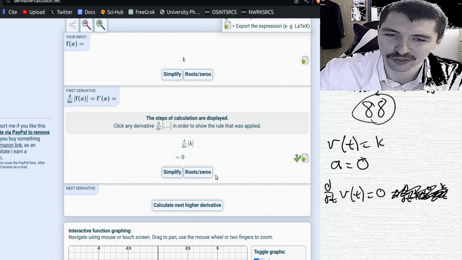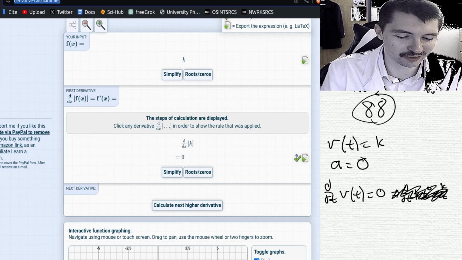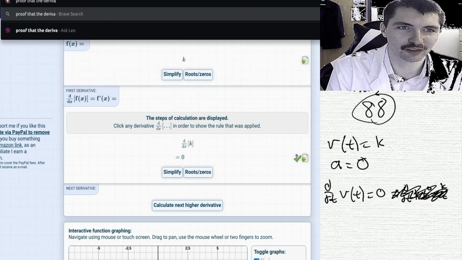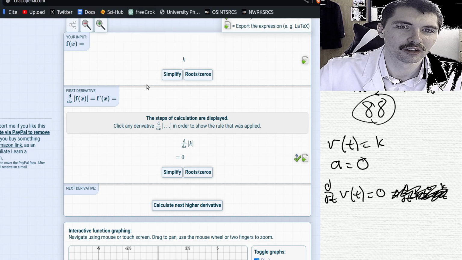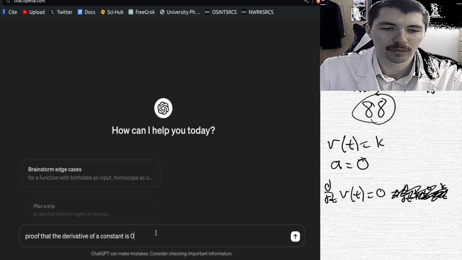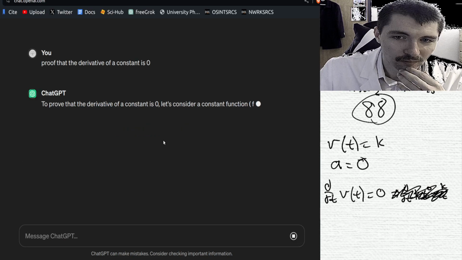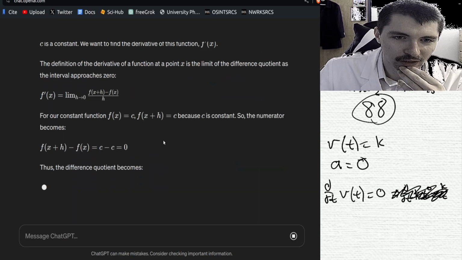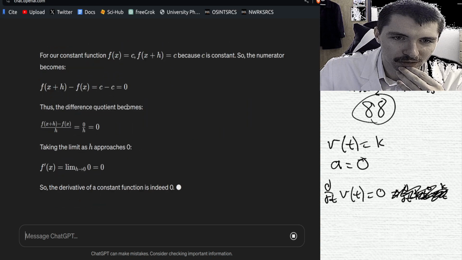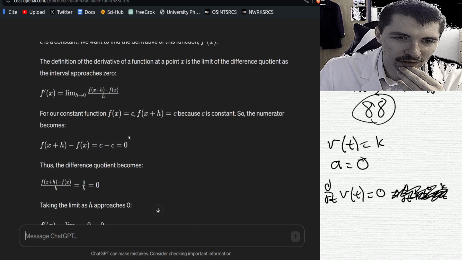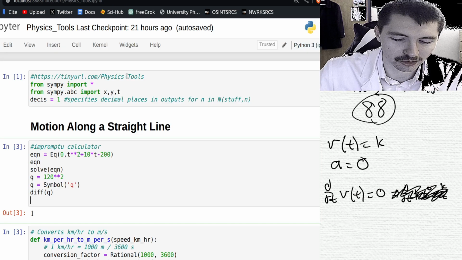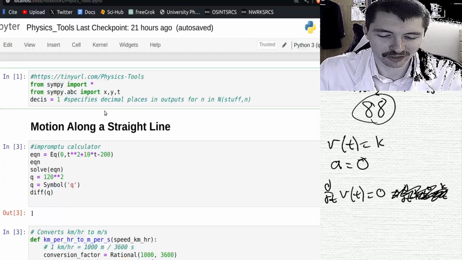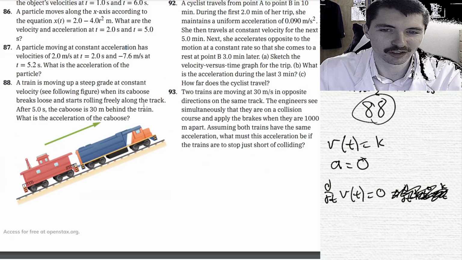I know the derivative of a constant is 0. Prove that the derivative of a constant is 0. f of x equals c. So you take the limit: c minus c over h, 0. Okay, there you go. I showed you the proof. It's good enough for me. Hopefully it's good enough for you.